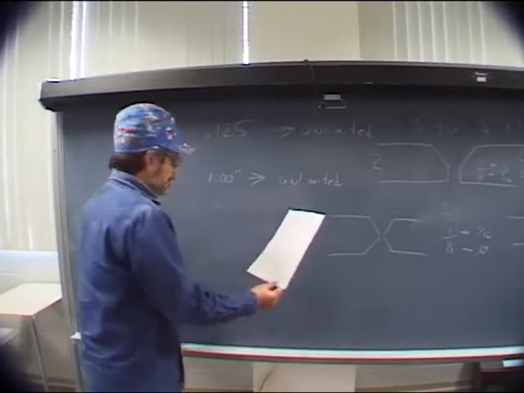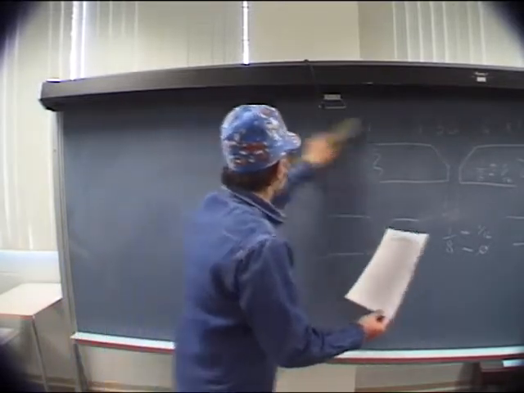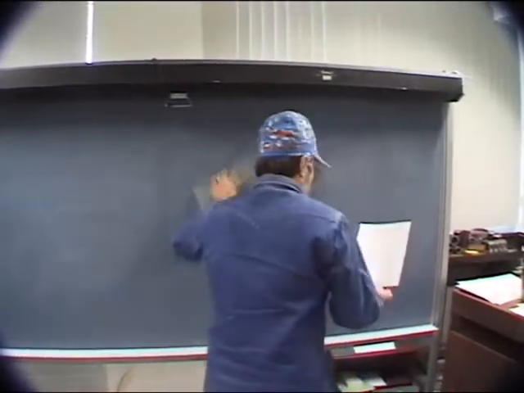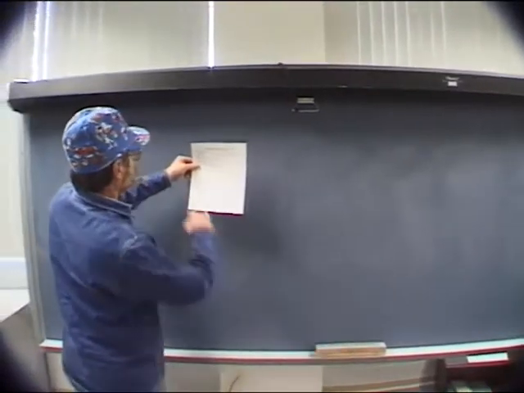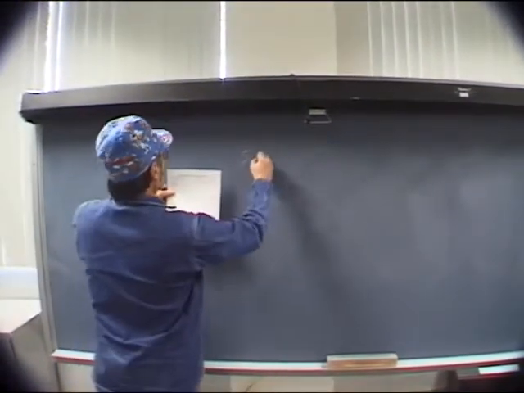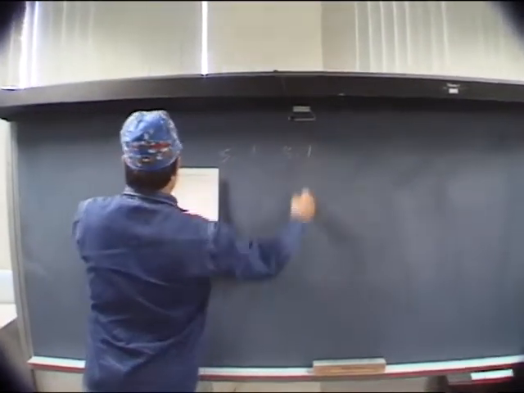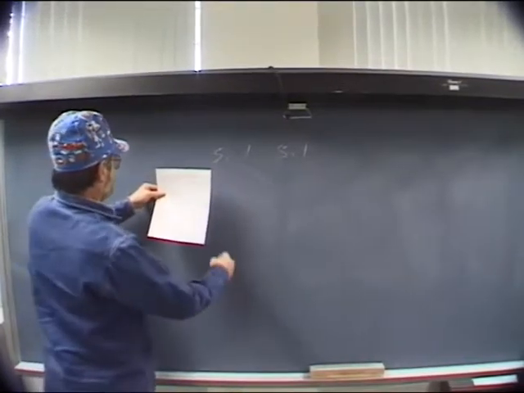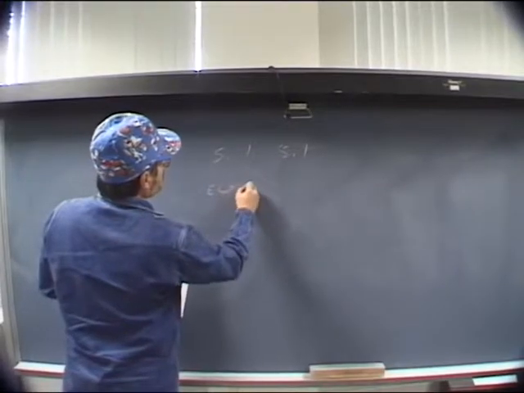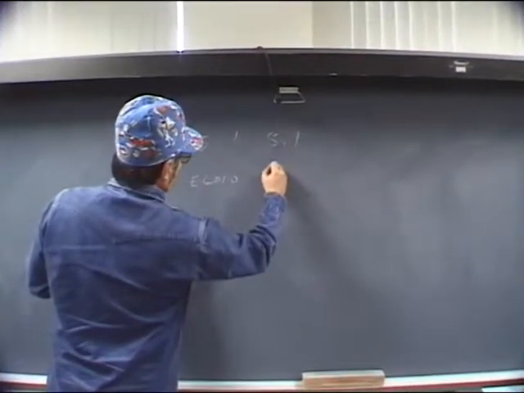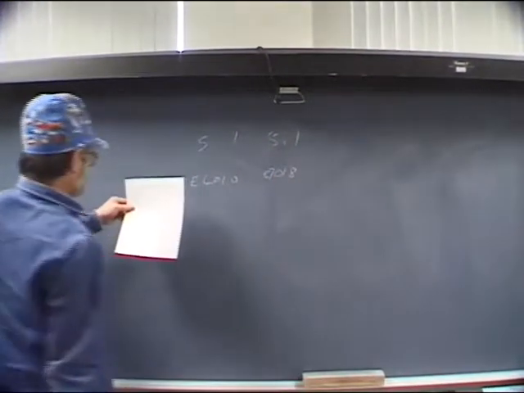Then after that, we come down to filler metals. Again, we're going to record the SFA numbers where it says 5.1. The AWS number would be our E6010 and E7018.